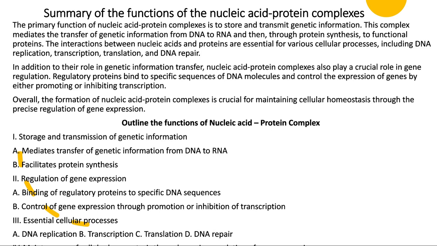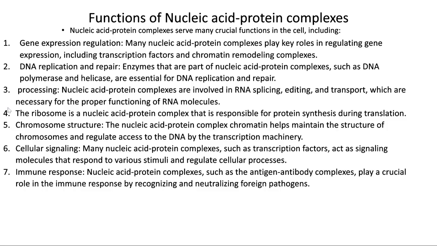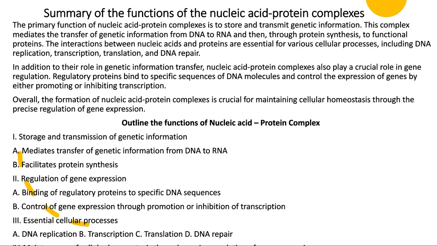So, an outline of this function of what we have mentioned is this. If you look at the outline, outline 1: the function of this complex is the storage and transmission of genetic information. And how do they do it? Either they mediate the transfer of information from DNA to RNA, so they facilitate protein synthesis.